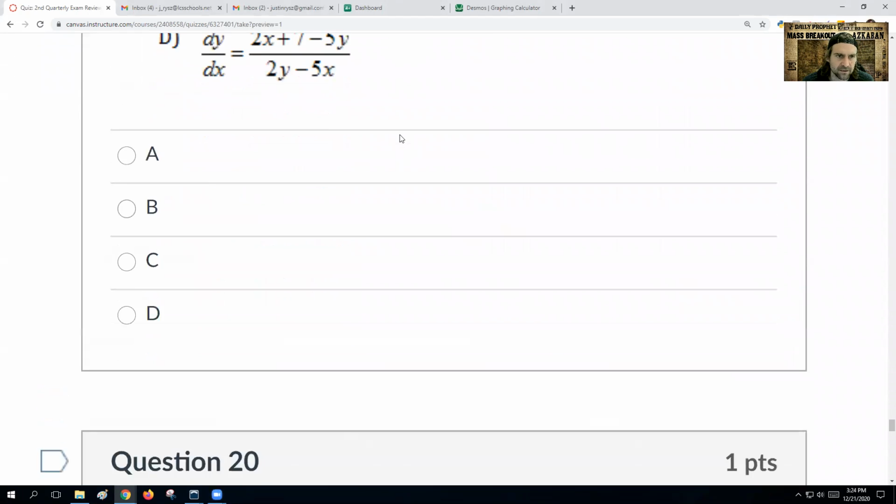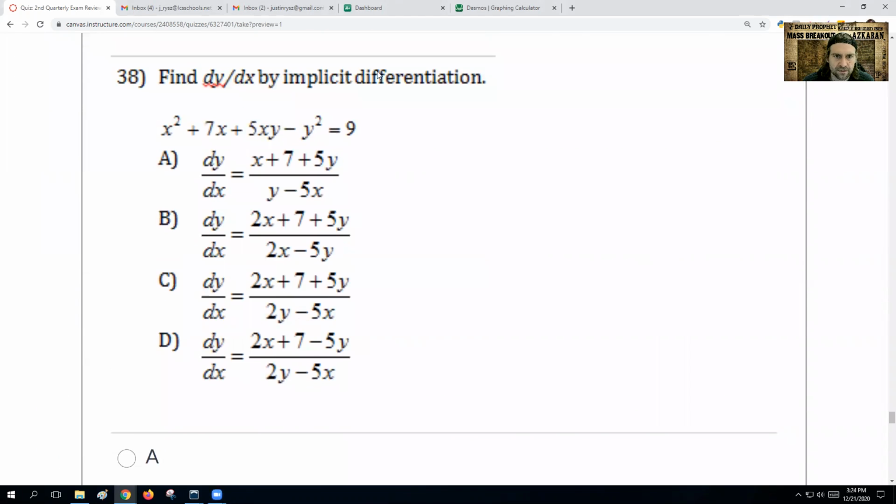This one we can go over here. Derivative of x squared would be 2x. Derivative of 7x is 7. Now 5xy, we've got to do the product rule. So the derivative of 5x is 5, we leave the y alone. Next we'll leave the 5x alone, and that's dy dx. And then minus y squared is 2y dy dx. Derivative of 9 is 0.